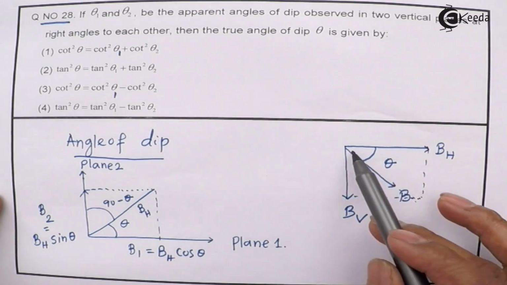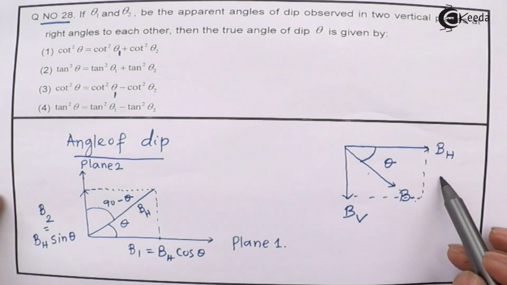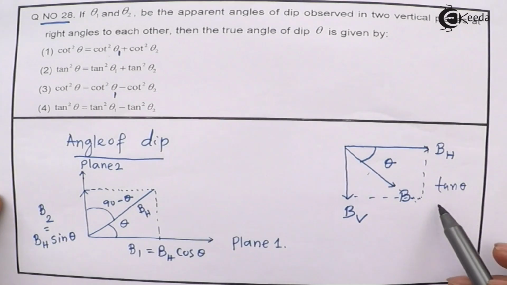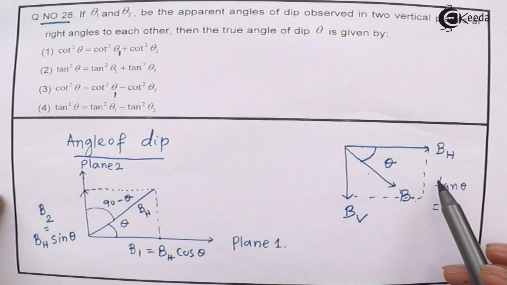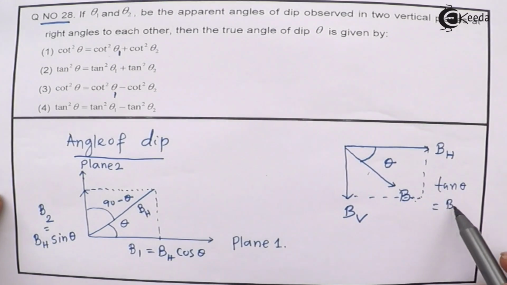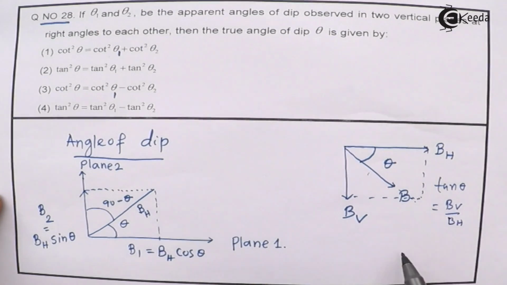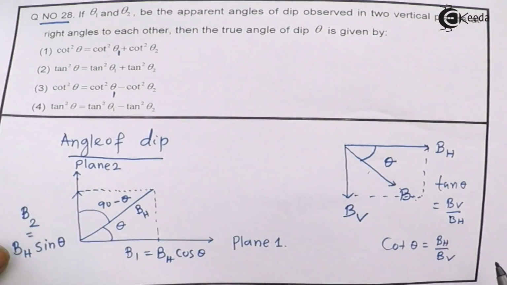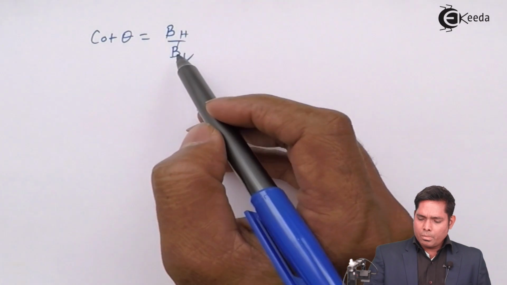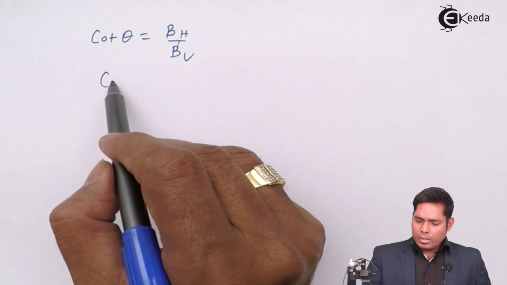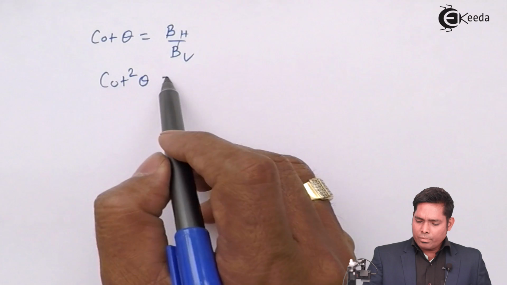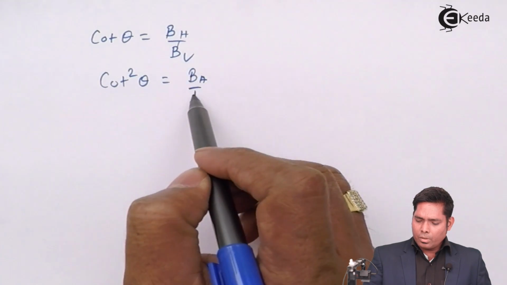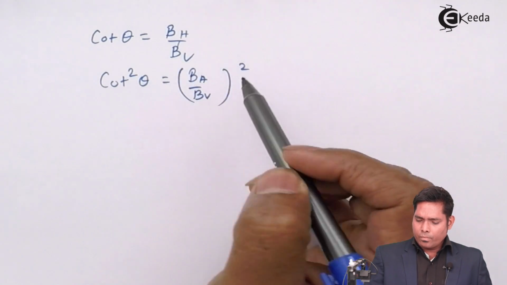Suppose I take this triangle. What is tan theta from here? Tan theta is BV upon BH. So cot theta will be BH upon BV. Squaring it, we have cot square theta, which is BH upon BV the whole square.